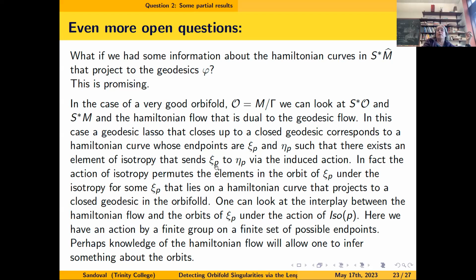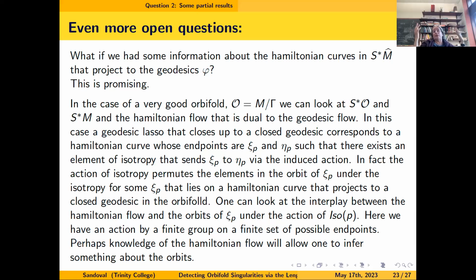And of course, we're just looking at finite groups acting on a finite set. So I have the relationship that the size of the isotropy orbits is equal to the size of the group divided by the size of the stabilizers. So if I had some sense of the size of the orbits, then I would again have a divisor of the size of the isotropy group.